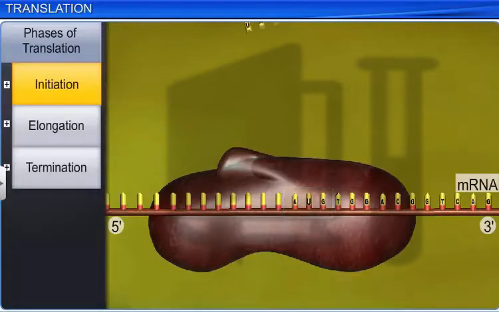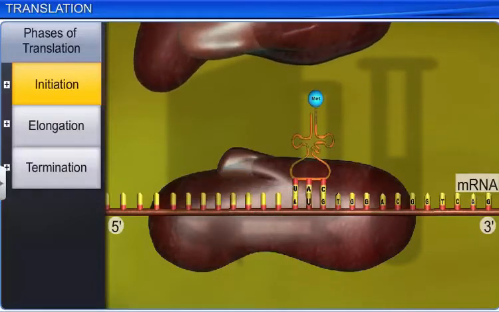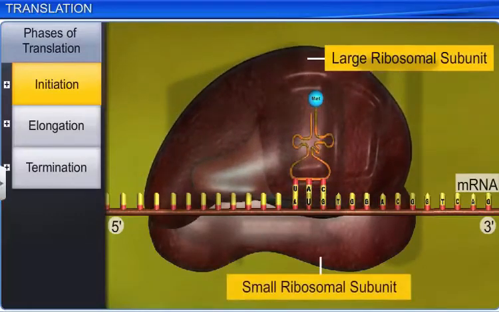The first amino acyl tRNA carrying the amino acid methionine with an anticodon UAC binds to the start codon at the P site, after which the large ribosomal subunit binds to the small ribosomal subunit containing the mRNA.